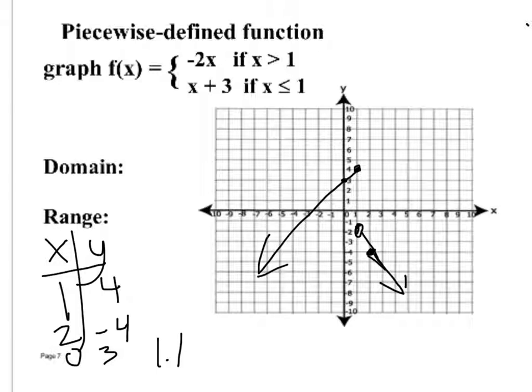Negative 2.2. So it's going to be pretty close to negative 2 as my y. So that's why it's an open circle around 1, because it doesn't include it. I could get closer to 1, I just can't be 1. So this is what it looks like. This is a piecewise function.